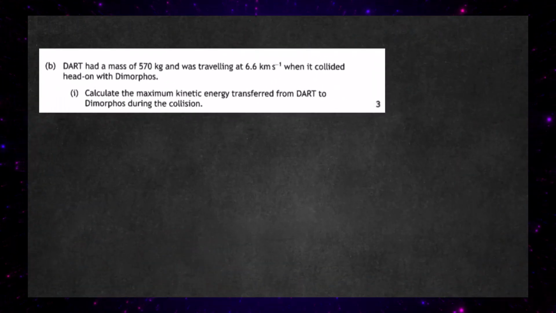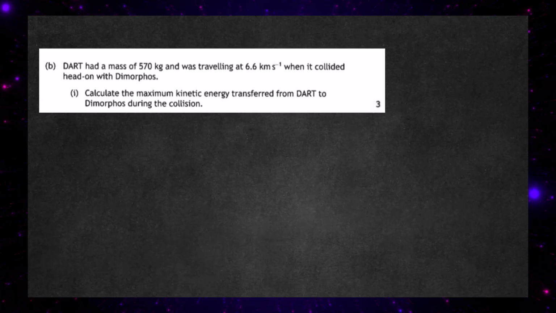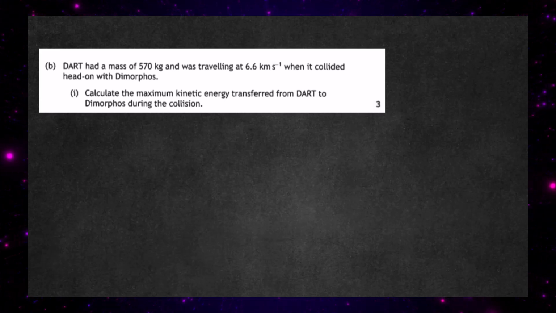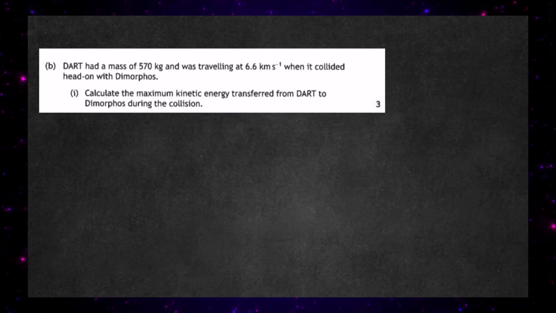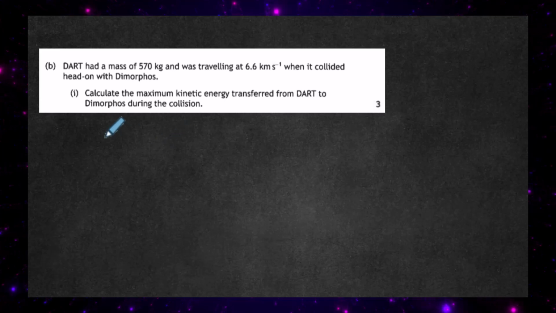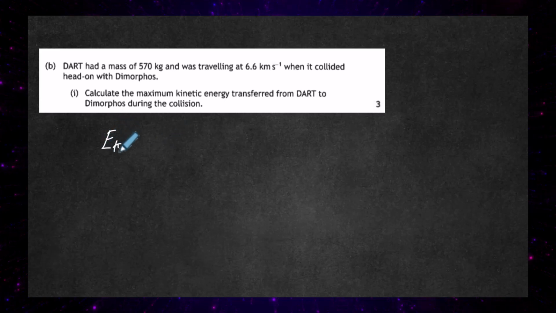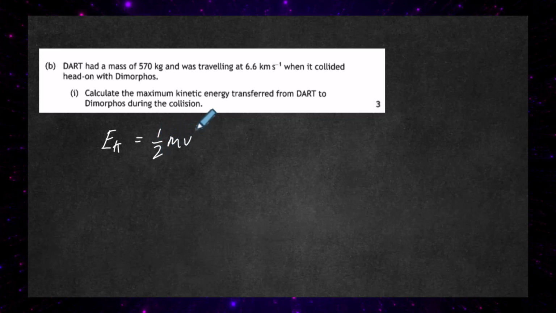Question 4b. DART had a mass of 570 kilograms and was travelling at 6.6 kilometres per second when it collided head-on with Dimorphos. For 3 marks, we have to calculate the maximum kinetic energy transferred from DART to Dimorphos during the collision. We know our kinetic energy formula, EK equals 1/2 times the mass times the speed squared.